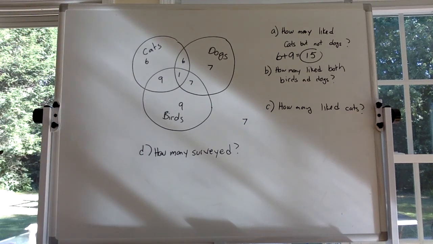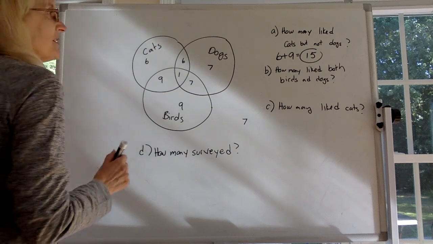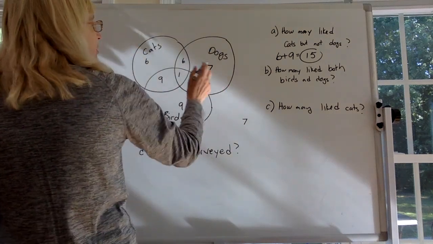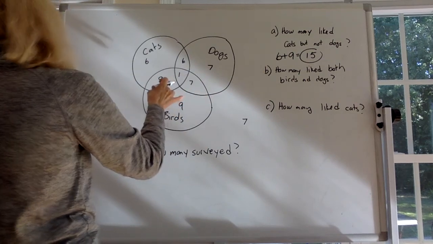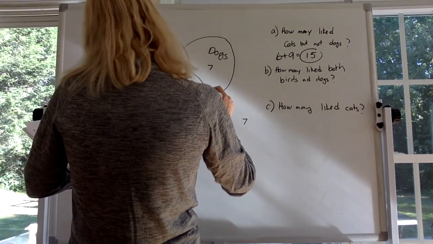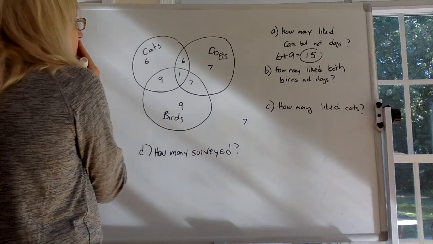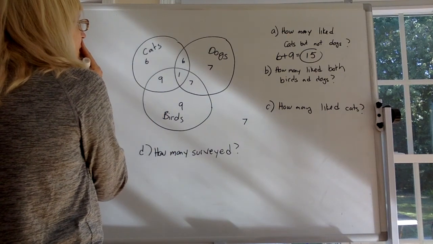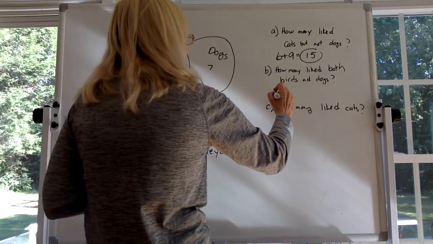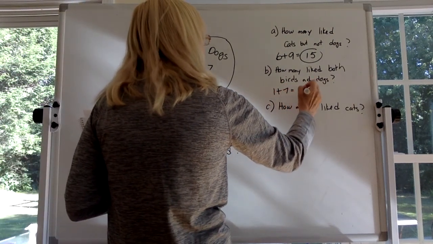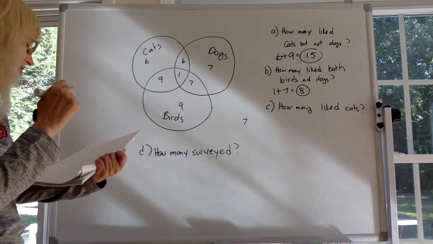How many like both birds and dogs? So you basically want where birds and dogs overlap. They don't mention cats at all. We don't care. So I would say that's the 1 plus 7. But sometimes it's how they interpret it, too.